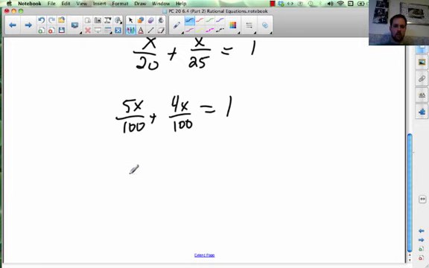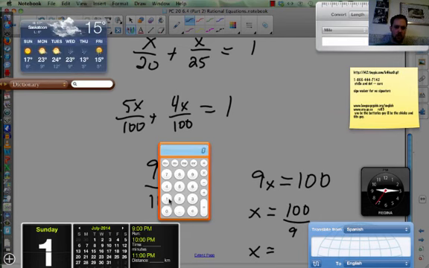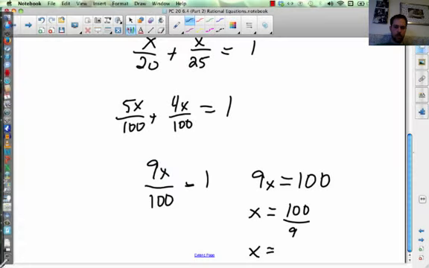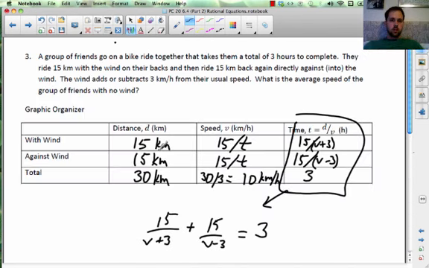And we have 9X over 100 equals 1. 9X equals 100. X equals 100 over 9. Or if you want to put an actual decimal value on it, 11.11 minutes.